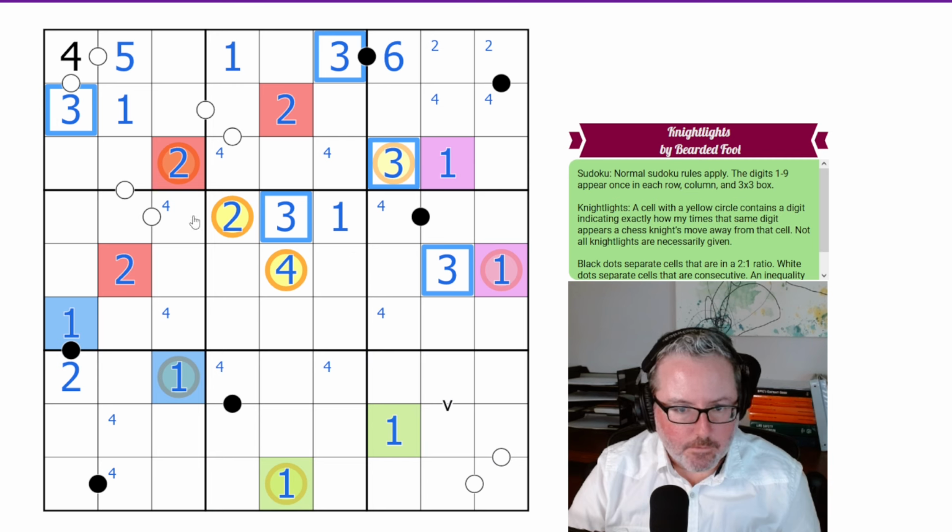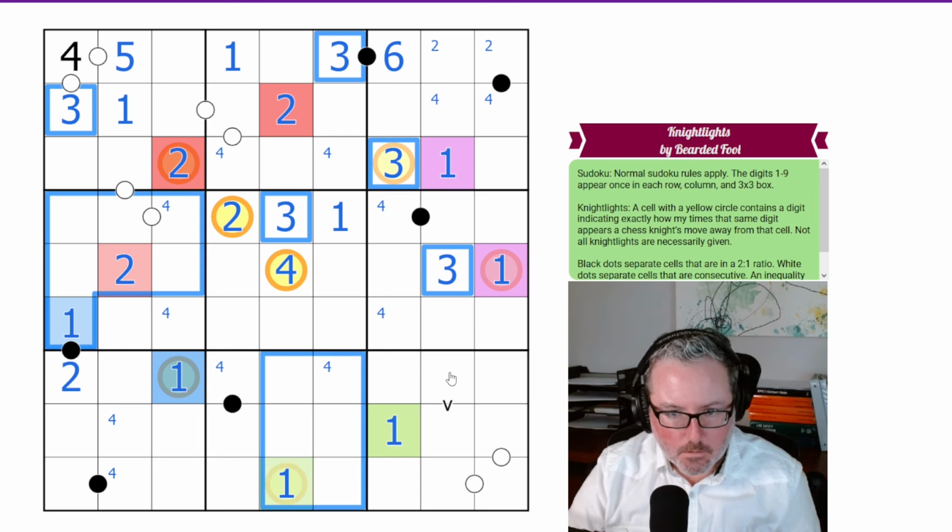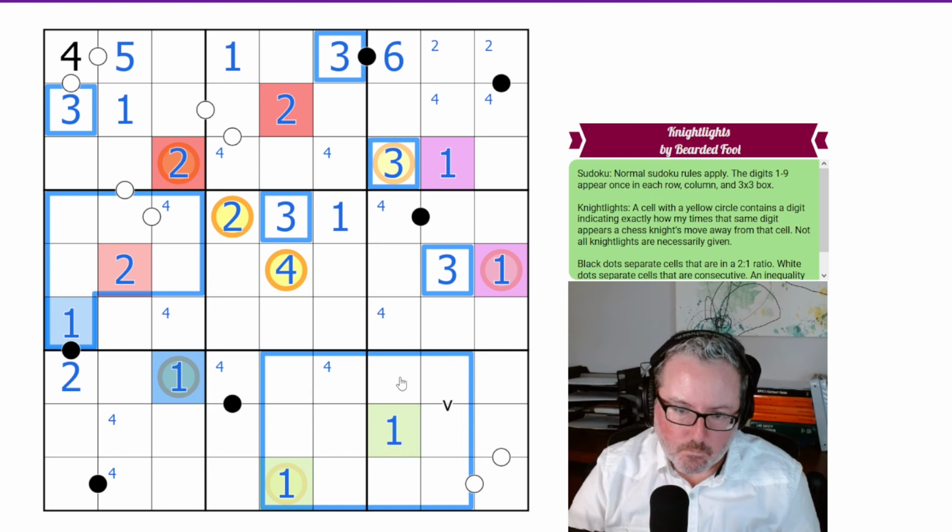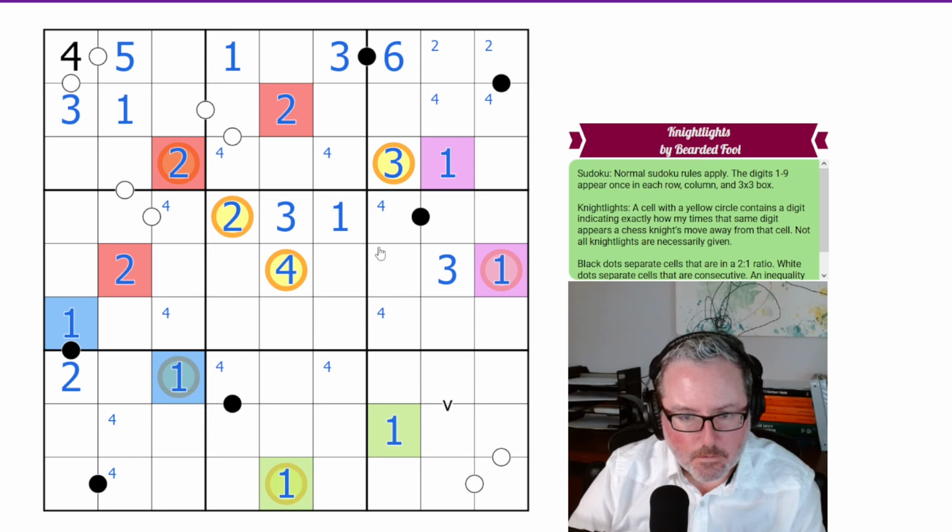Well, we've got a few 3s, so there has to be a 3 in one of those. Yeah, this could still be a 3, 6. Nothing's ruling that out. There has to be a 3 in one of these. Nothing's ruling that out. Okay, I don't think the 3s are doing anything.